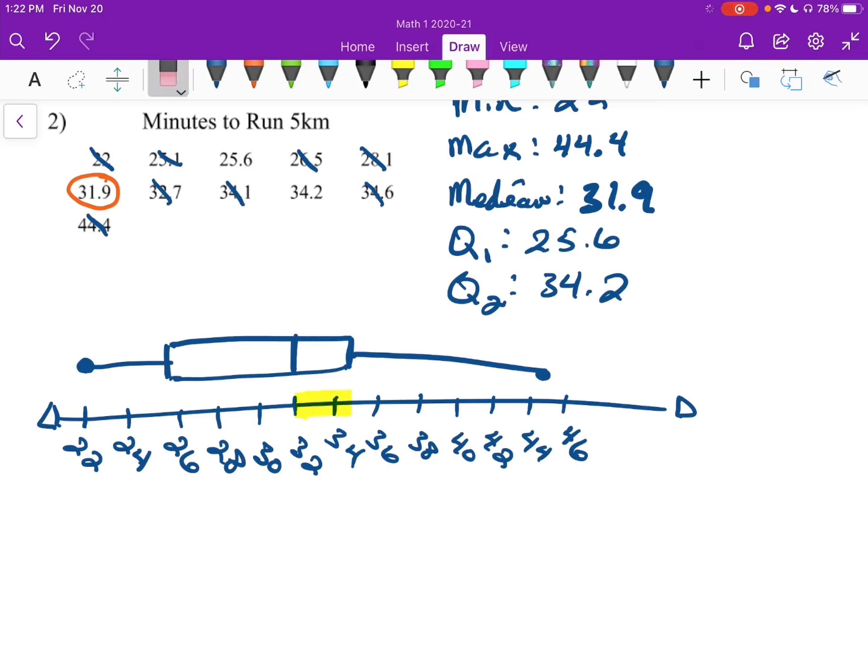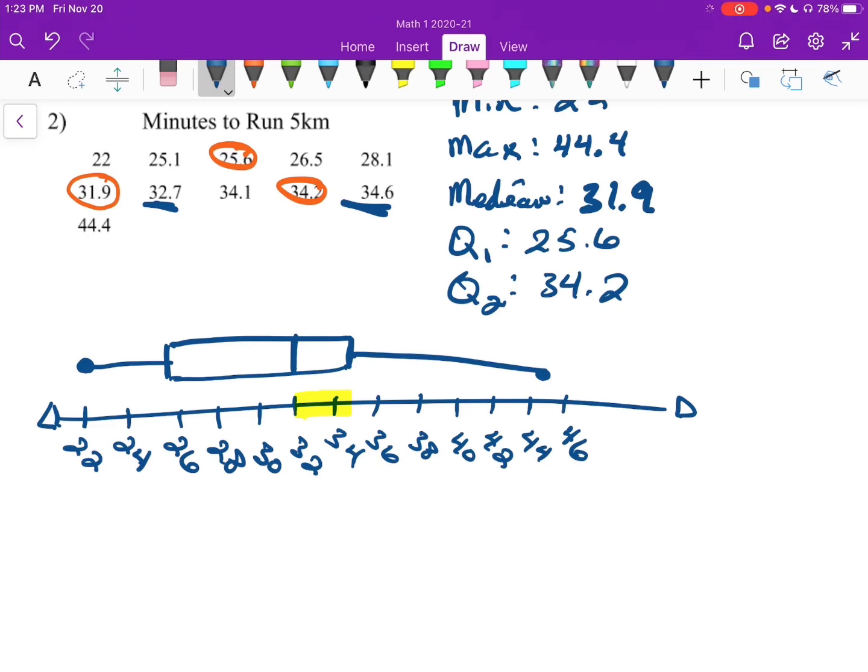And if we look back at our data, let me circle this one and this one too so we have it. If we look back at our data, between 32 and 34, there are 4 people with data in there, right?